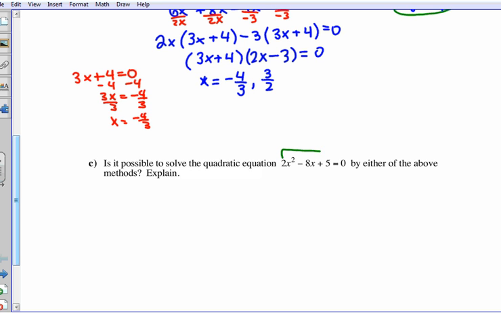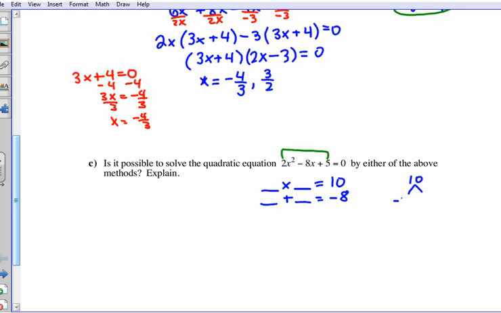Complex. So we want two numbers that multiply to 10 and add to negative 8. If we're multiplying to a positive and adding to a negative, 2 negatives. So let's list all the possible ways.